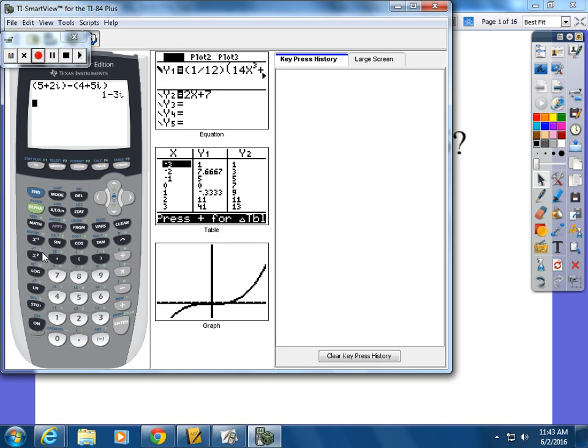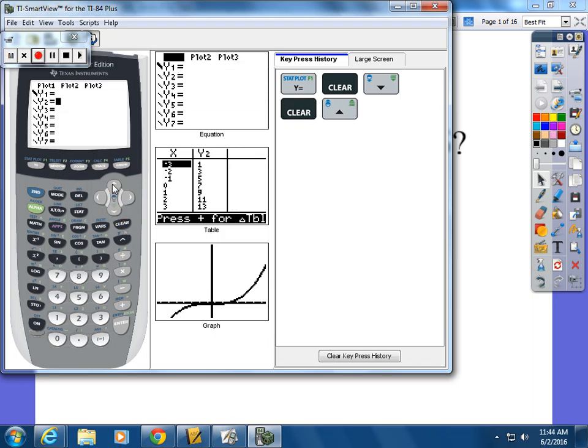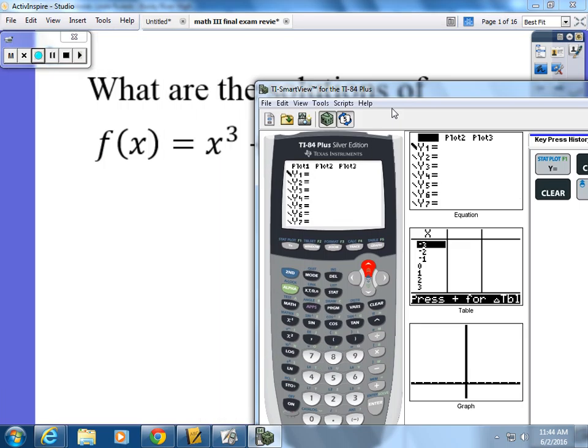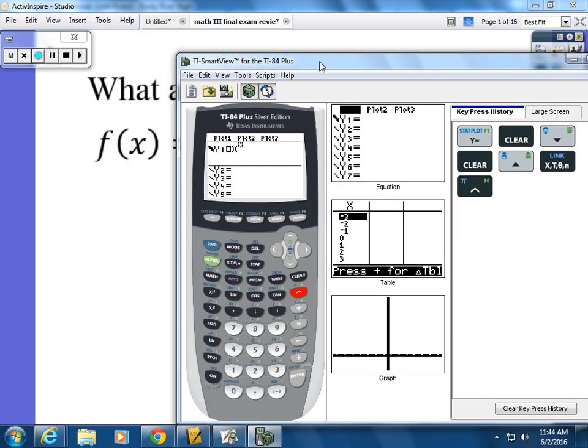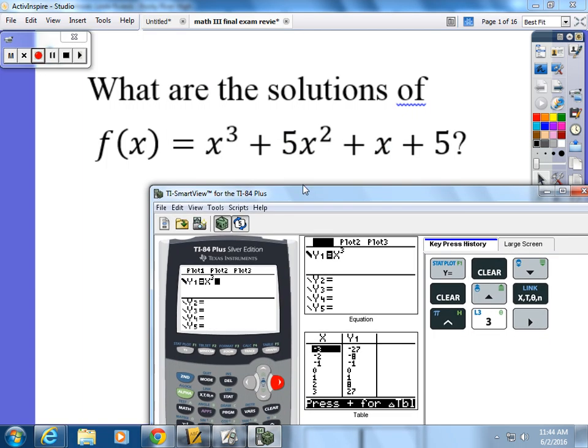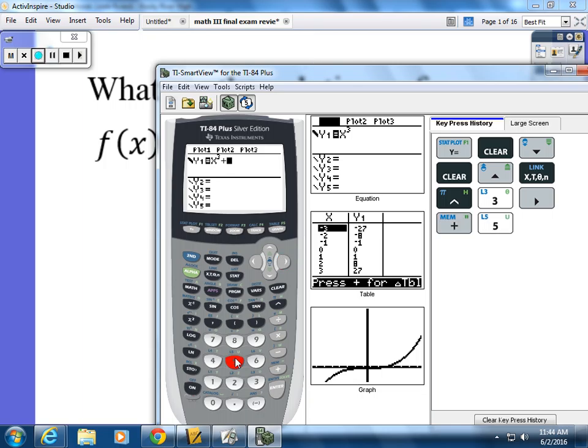Okay, so I'm going to put this in my y equals menu. And we've got x cubed plus 5x squared plus x plus 5.